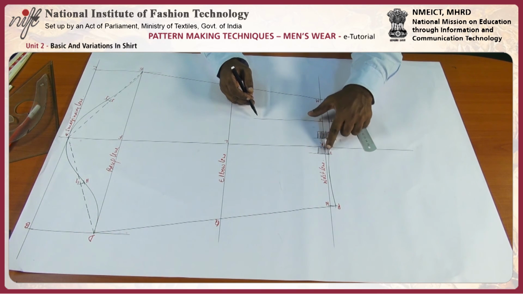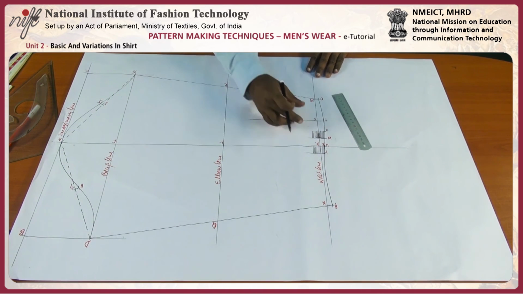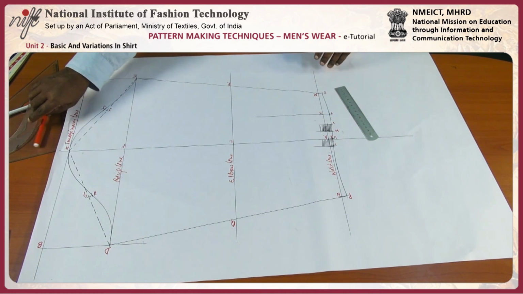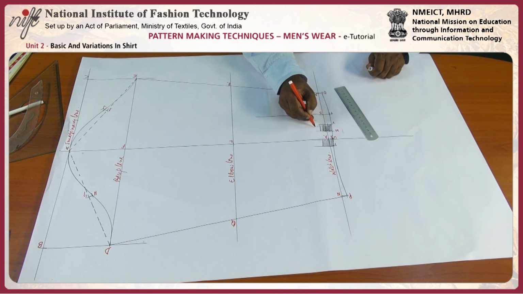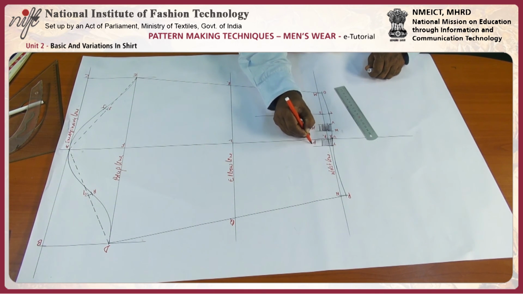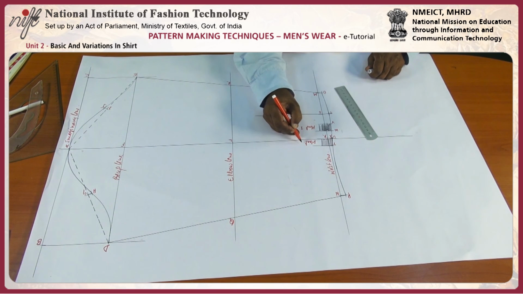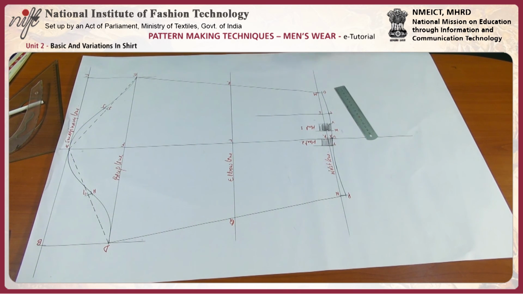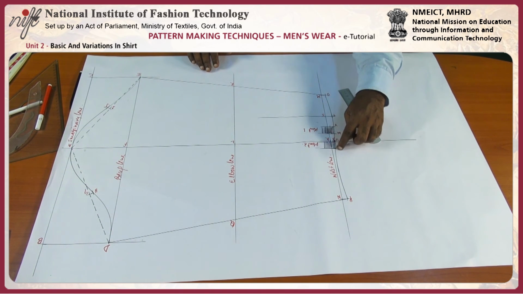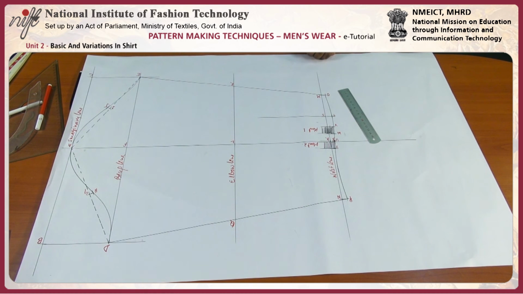This shaded area indicates that this will be pleat 1 and pleat 2. This can also be notched later on to show the positioning.